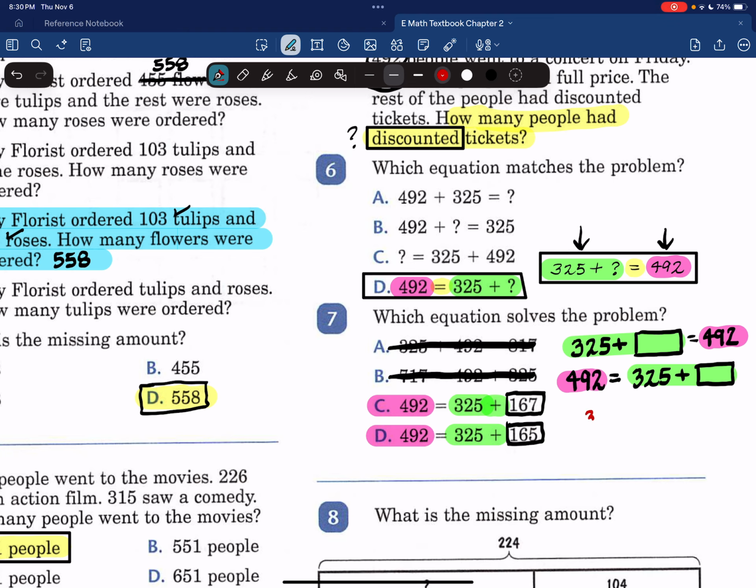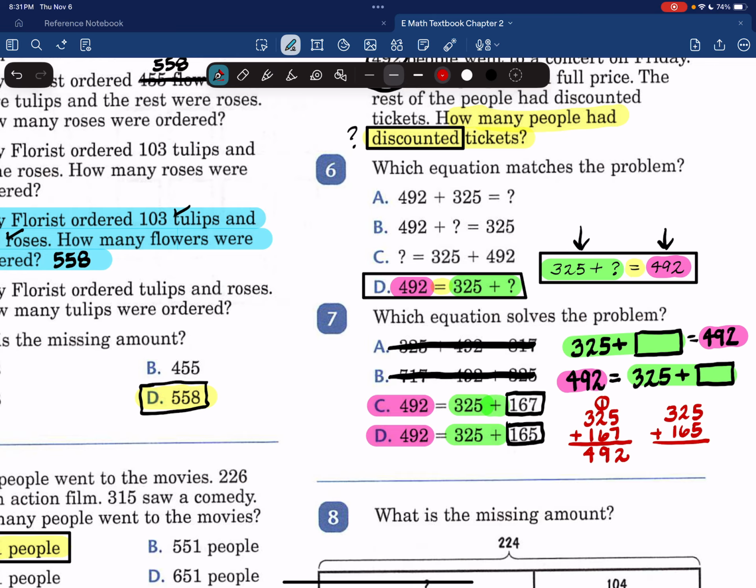I'm going to add 325 and 167 and see what I come up with. So that would be 12, carry 1. That would be 9 and then 4. Then let's do 325 and that second box, which is 165.